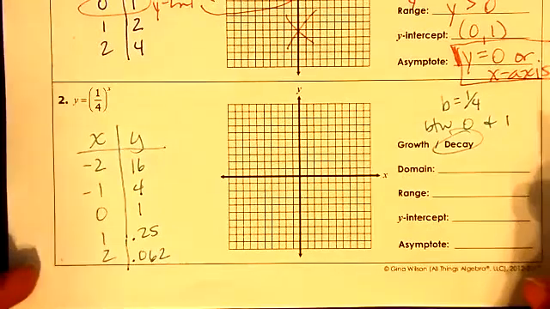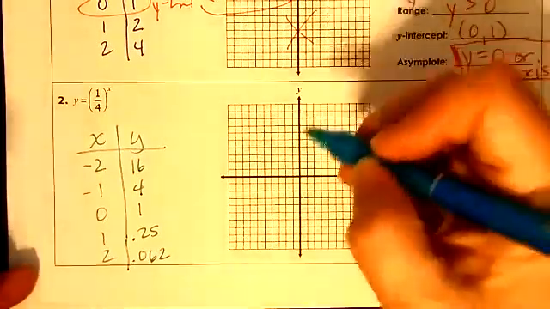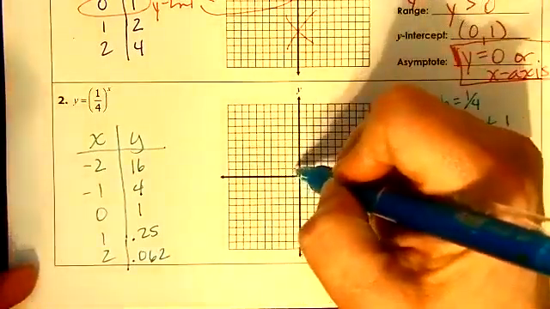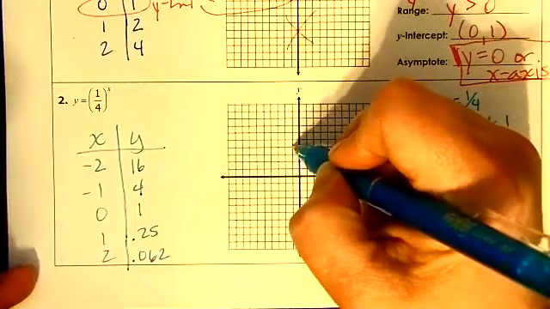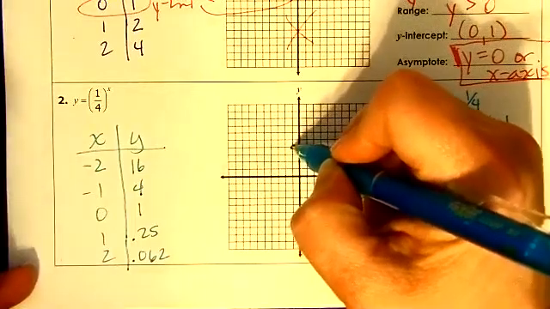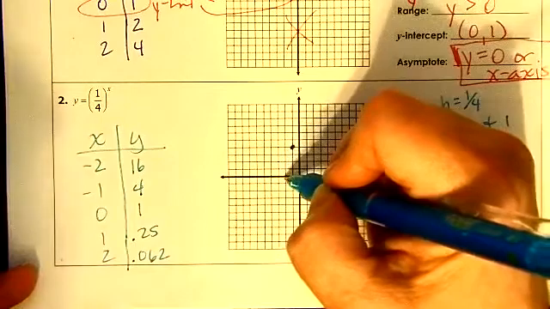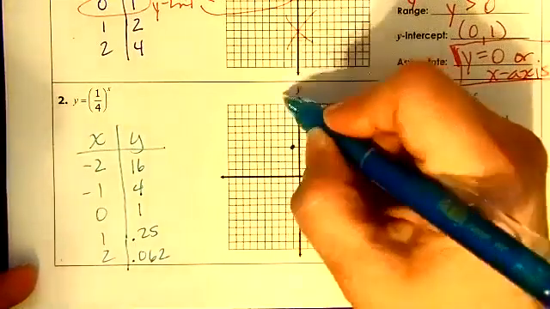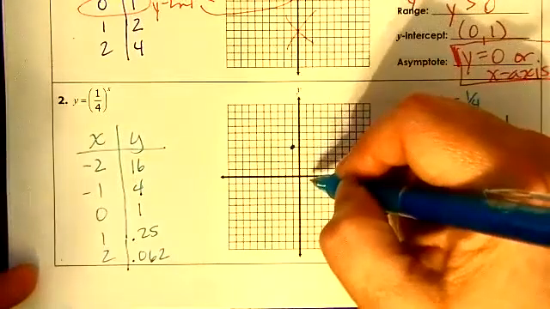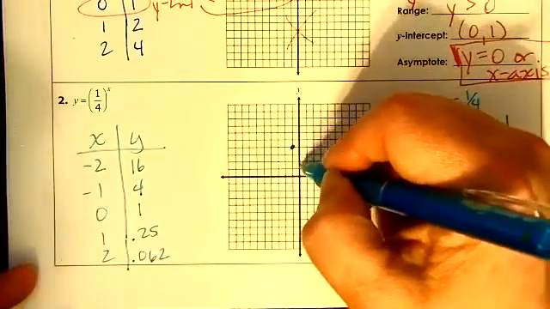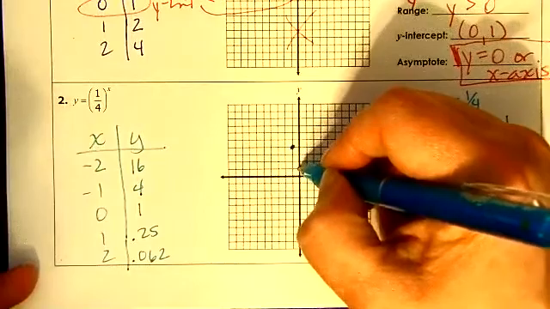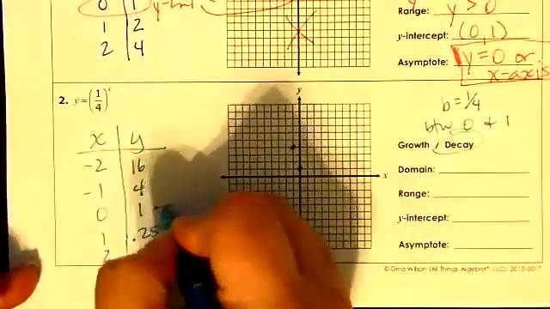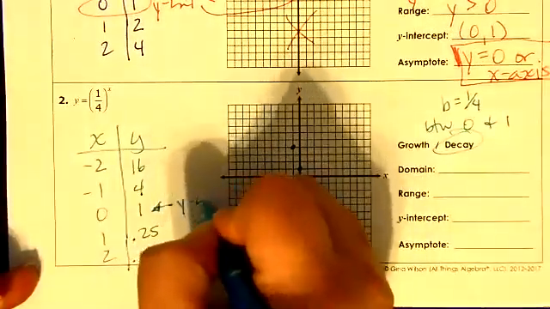So we're going to graph the ones that we can. So I'm going to have -1, 4, -2, 16, which will be way over here. So therefore I'm not going to worry about that one. 0, 1. So I should know right now, oh, I can say that's the y-intercept.